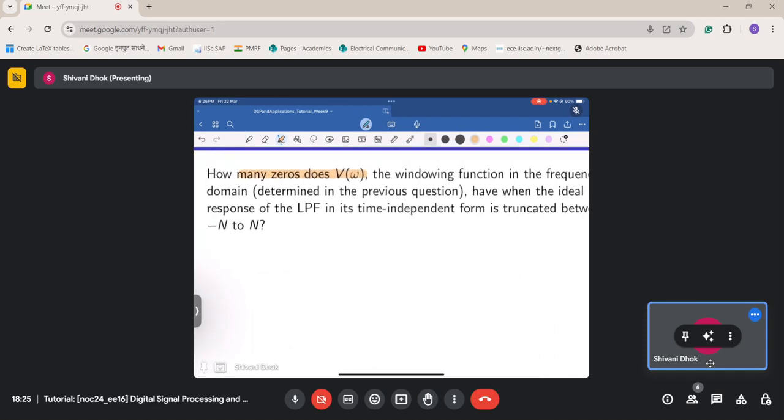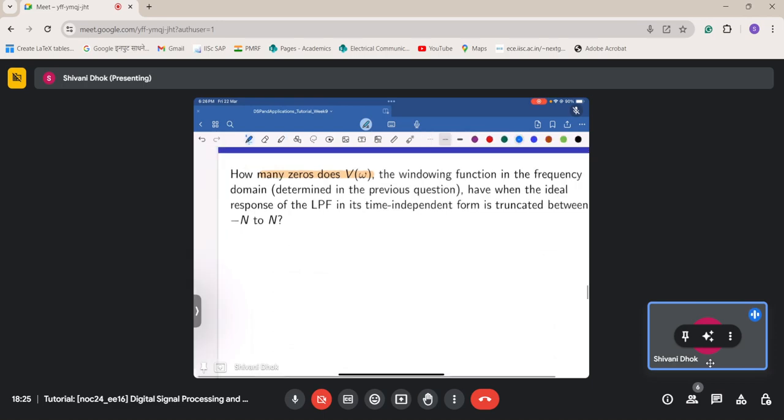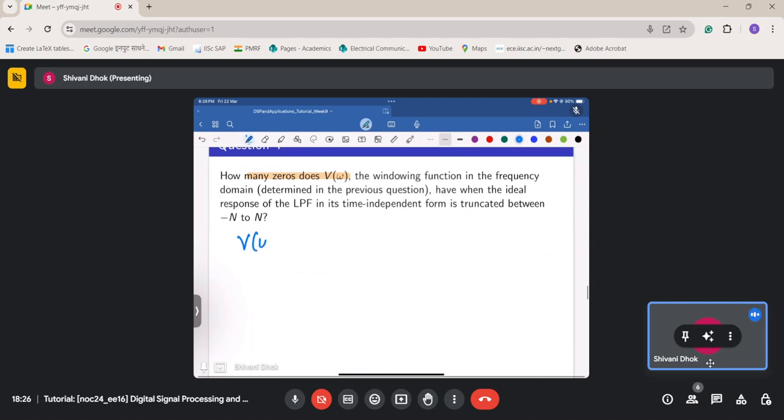Okay, so now if we are looking at our ideal thing, this window function is V of omega, which is again the rectangular function, and we saw that this V of omega is equal to sine of omega by 2 into 2n plus 1 upon sine of omega by 2.